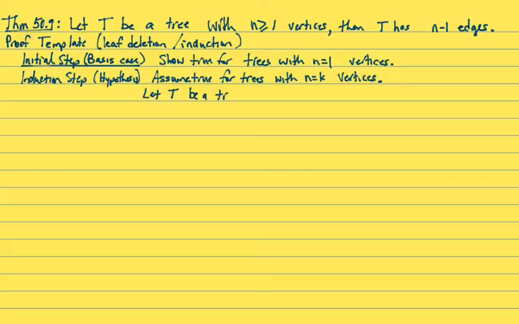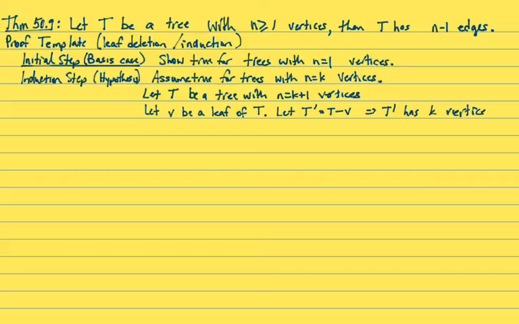Then let T be a tree with n equals k plus 1 vertices, and let V be a leaf on that tree. By the previous theorem, we know that every tree has a leaf. Then we let T prime be the tree we get by deleting that one leaf, T minus V. Which means that T prime has k vertices, and because we assumed it's true for n equals k vertices, it's going to be true for T prime.